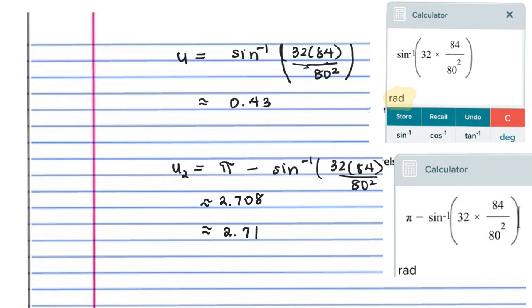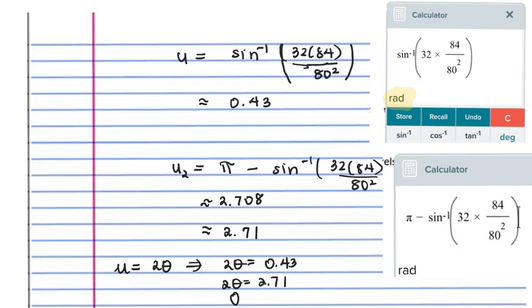If you recall, u was equal to 2 theta. So then 2 theta equals 0.43 and 2 theta equals 2.71. Our two values for theta are going to be 0.43 divided by 2 and 2.71 divided by 2.